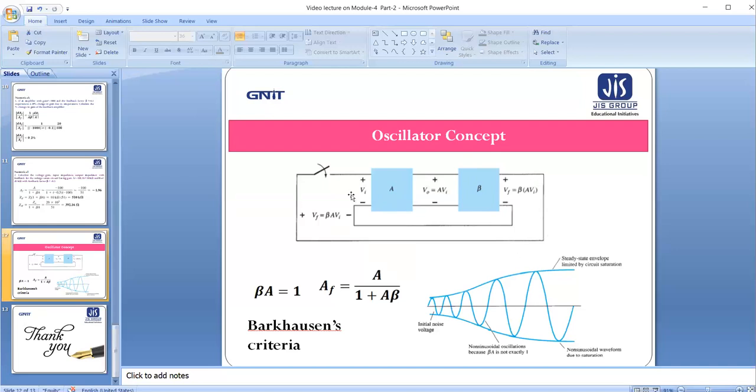Now if we remove this external voltage VS, then this VF is sufficient to trigger the entire circuit and the circuit will continuously produce the output. If the fictitious voltage was a sine wave, then the output will be a sine wave signal.